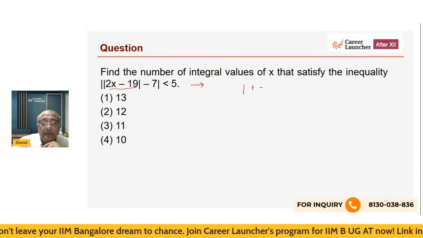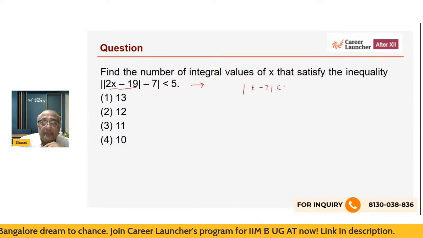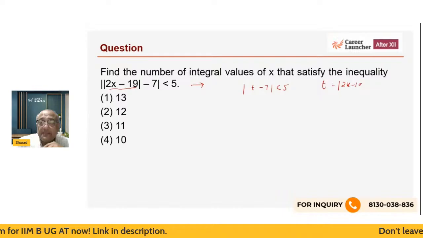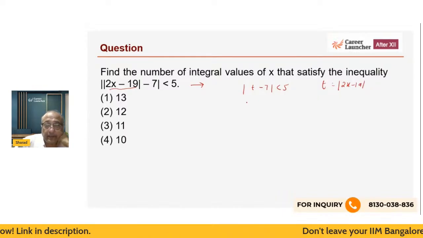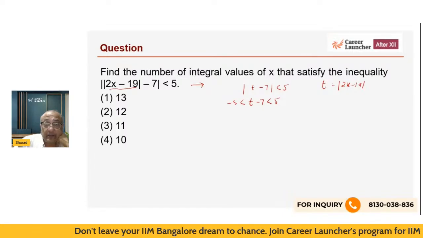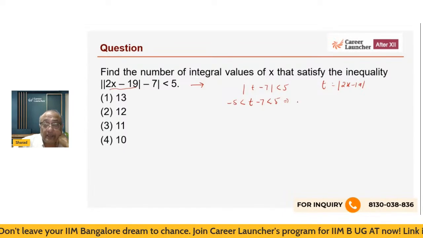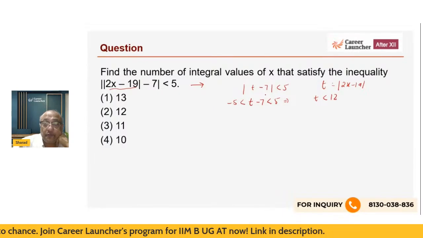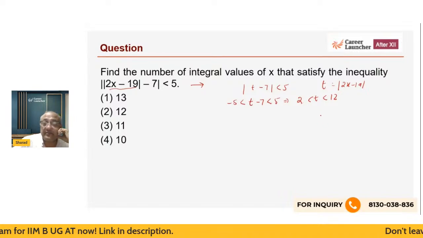So this will become t minus 7 less than 5, where t is equal to mod of 2x minus 19. Please see it carefully. T minus 7 is between 5 and minus 5. Now the things are getting interesting. So T will be between 2 and 12. How 12? The 7 has come here, and here 2.